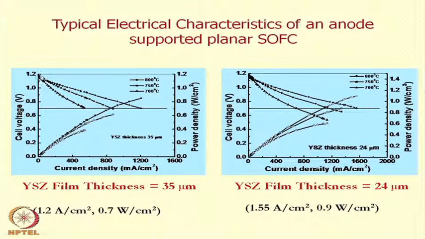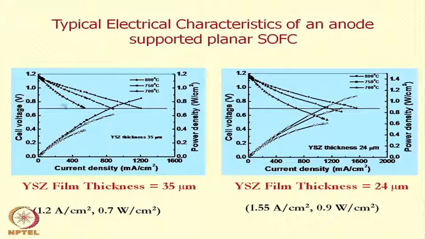This is the open circuit voltage, slightly more than 1 volt, about 1.1 volt, very close to 1.2, but that is when the current is 0, that is, with no current being drawn. But as soon as the current is drawn, the current increases and the voltage drops. That is the typical, normal characteristic of any fuel cell.